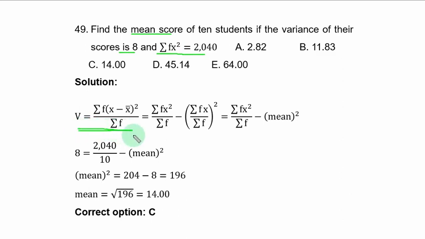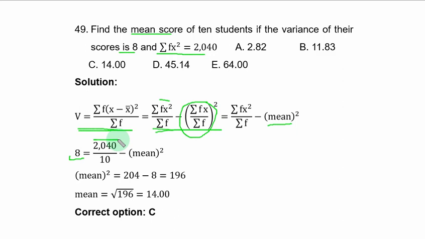When expanded, you get this result. And what you have here is the mean, so you have the mean squared. The variance is 8. Summation of fx squared is 2040. You have 10 students.